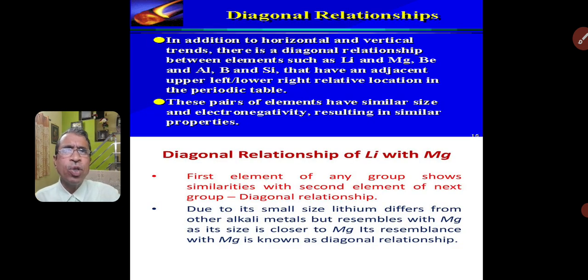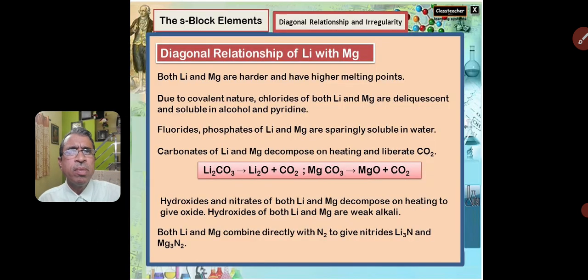Here also the slide shows the diagonal relationship of lithium with magnesium. Some of the properties related to the diagonal relationship are given. Both lithium and magnesium are harder and have higher melting points. Due to covalent nature, chlorides of both lithium and magnesium are deliquescent and soluble in alcohol and pyridine. Deliquescent means they absorb water.